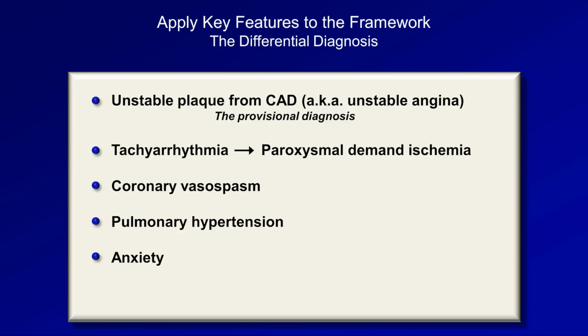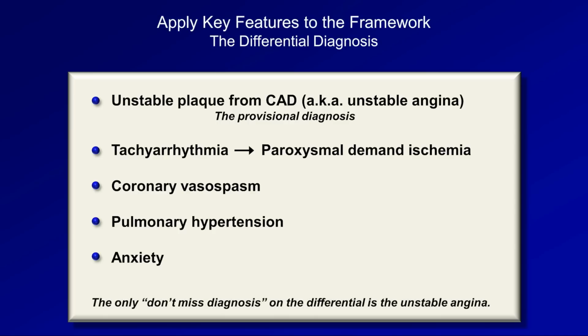While most differentials also include one or more so-called don't miss diagnoses, the only such don't miss diagnosis for this patient is the aforementioned unstable plaque or unstable angina. And unlike the case from Part 2, there are no unusual feature diagnoses in this differential.